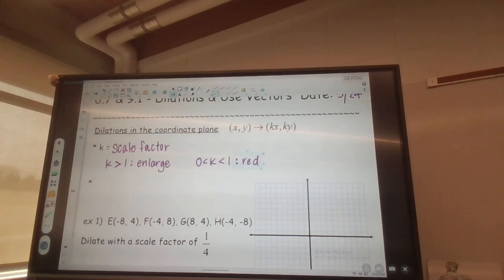Because if it's negative, it actually will flip it as well. And when we do this, rather than our shape looking exactly the same, they're going to be similar shapes, but not the same size. So they're going to be similar, not congruent.